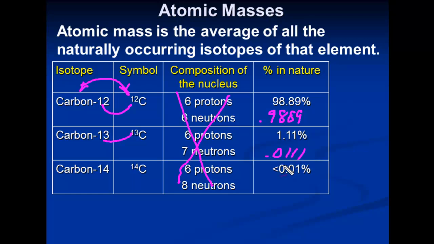Okay, 0.01 divided by 100, okay, is 0.0001 for your abundance expressed as a decimal. Okay, and then we're going to go ahead and multiply it times the masses, and then add these numbers up. So let me change my pen color again here.